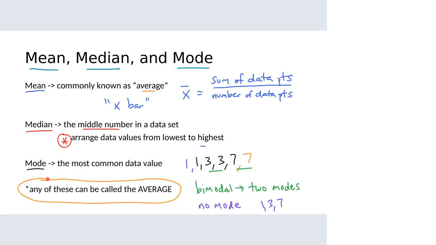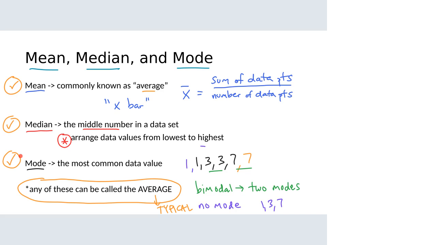You could be talking about the mean, but if somebody's talking about statistics and they say average, it can be any one of these. It doesn't have to be the mean. The word average in here means typical. So the average is a number that is typical of the data set, and that could be the mean, it could be the median, or it could be the mode.